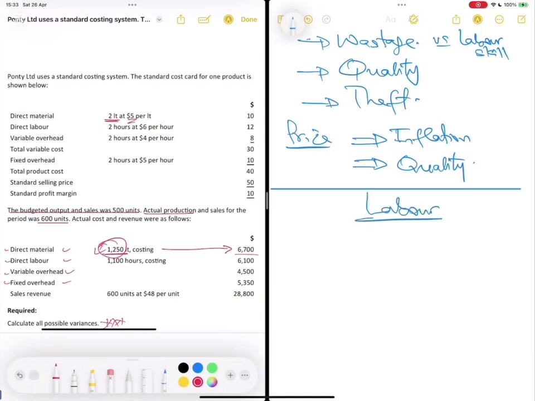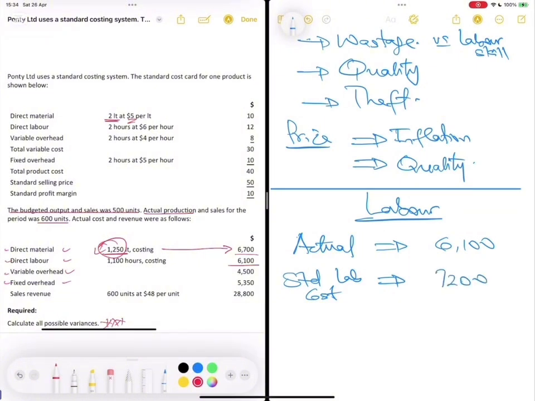And for labor, overall, did we incur more than we should have incurred on labor? So the actual labor cost that we incurred was 6,100. The standard labor cost, which is the amount we should have incurred, is 7,200.